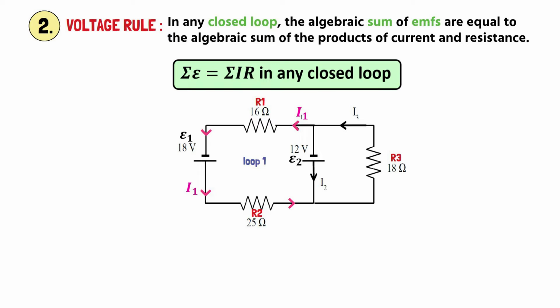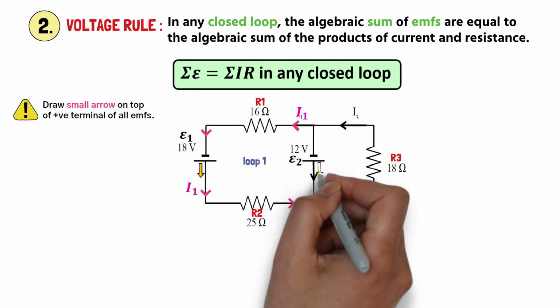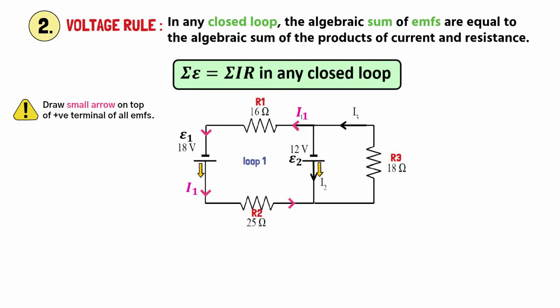Okay. Step yang pertama saya selalu ingatkan pelajar to draw small arrow on top of positive terminal of all EMF in that circuit. Jadi sekarang saya akan lukis small arrow on top of the positive terminal of all EMF to show that the flow of current.